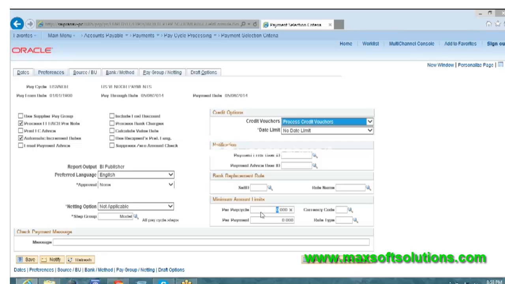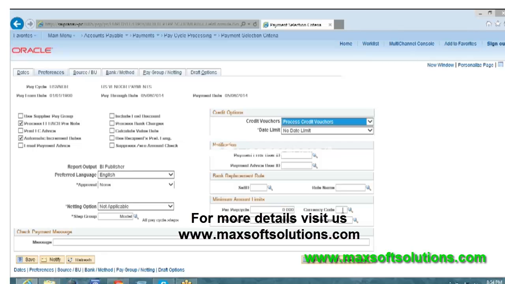So whenever you run the pay cycle, if the payments go more than $1 million, then the system will throw a message saying that this pay cycle is exceeding the maximum amount limit or minimum amount limit. These currencies are useful if you are using multiple currencies. Then the system will convert and populate the message.